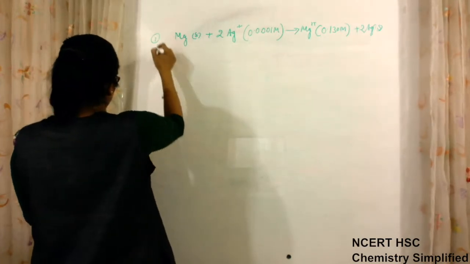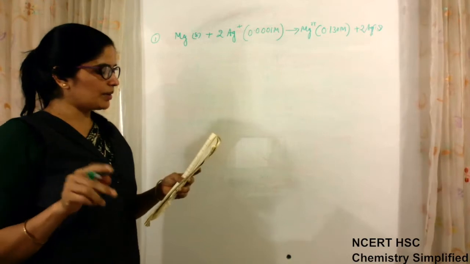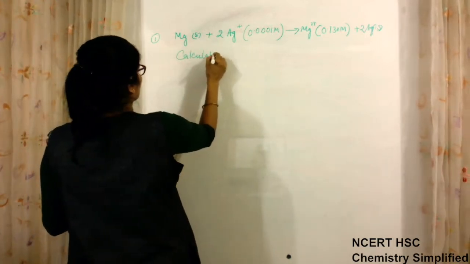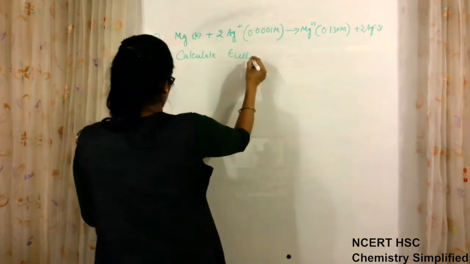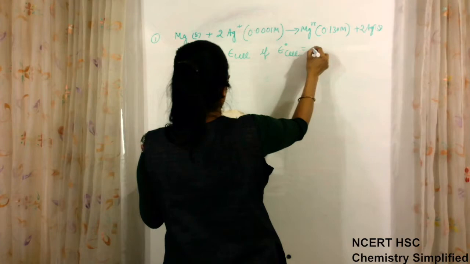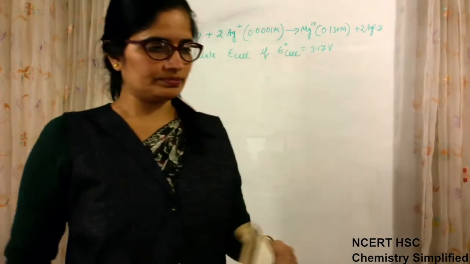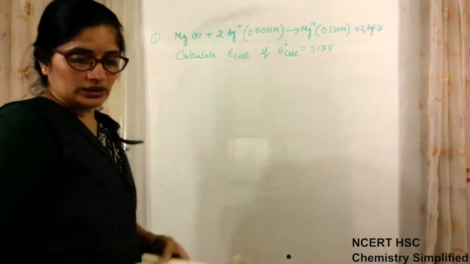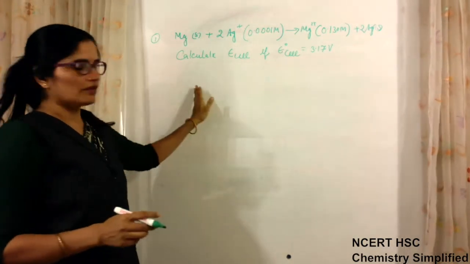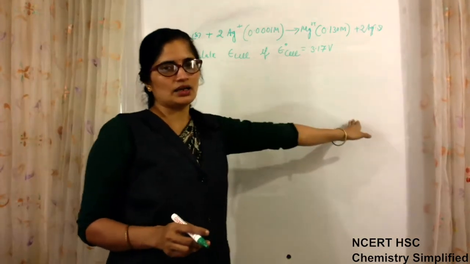The first part of the question is cell representation. The second part is to calculate E cell if E standard cell is given as 3.17 volt. How to represent the cell? We take the oxidation half, double slash, then the reduction half.